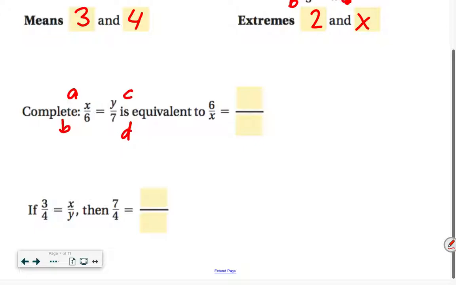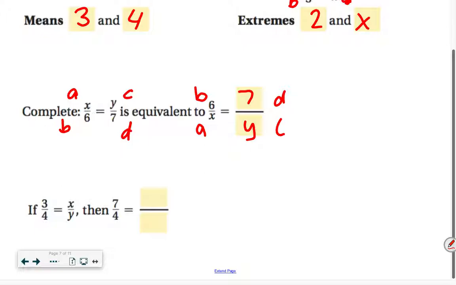So it was A over B, now it's B over A. So we're going to flip this one, so it's 7 over Y. D over C. That's one of those properties that was on the last page. But I feel like we know that what you do to one fraction, you have to do to the other. That's why I don't think properties are all that important.